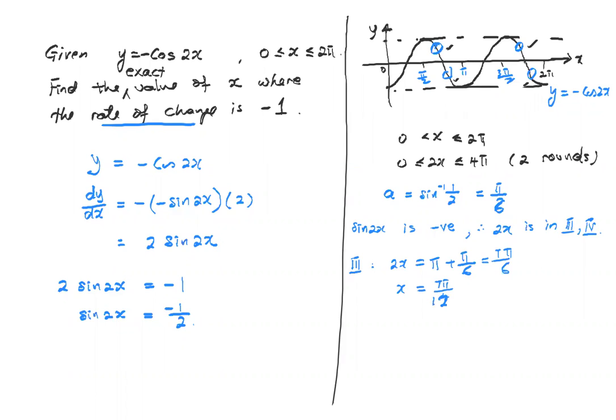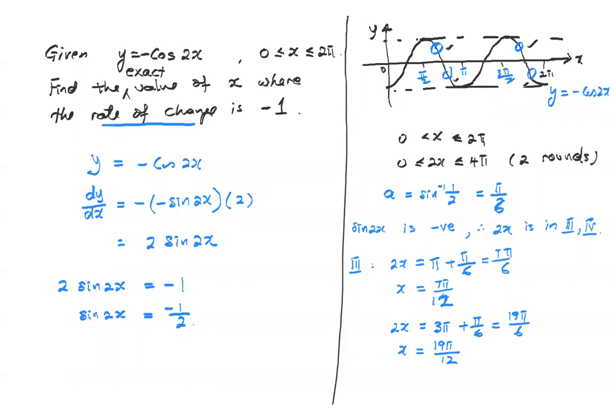The second one, you go second round, you plus 2 pi. That is 3 pi plus pi by 6. 3 plus 1 over 6 is 19 pi over 6. So your x will be 19 pi over 12.